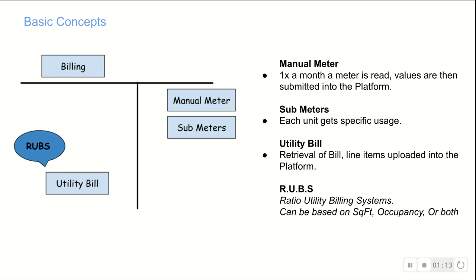And then for utility bill, that's where you're going to take the values of the bill and upload those into the platform, and you can allocate the financial responsibility among your tenants using our RUB system, and that can be based on square footage, occupancy, or even both.